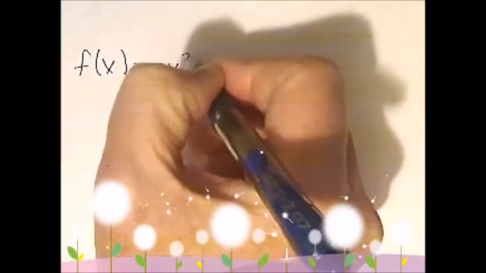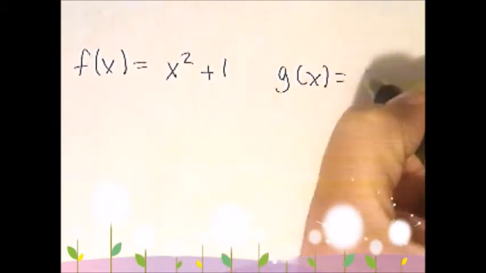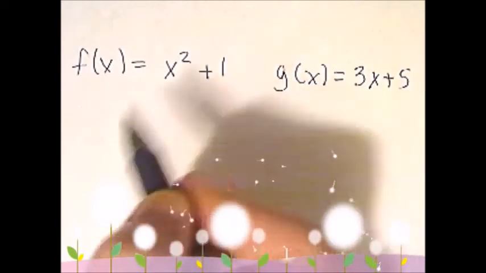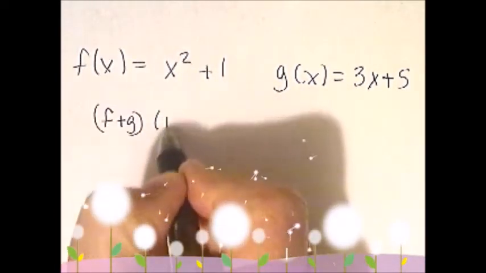Now we're going to have some examples here, so let me give you this example. If f of x equals x squared plus 1 and g of x equals 3x plus 5, they want me to find f plus g of 1.